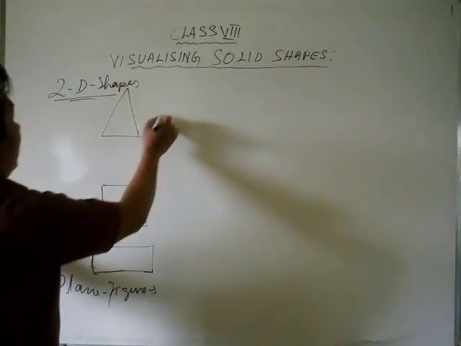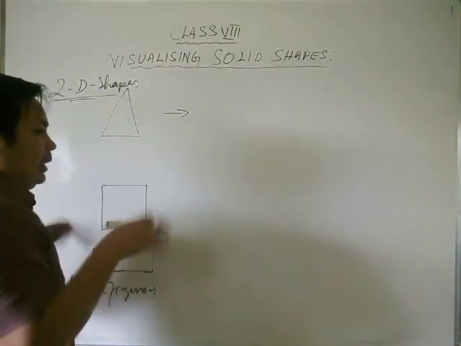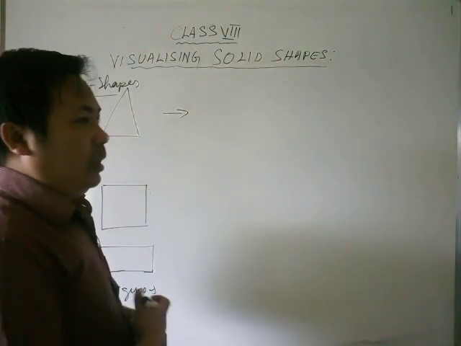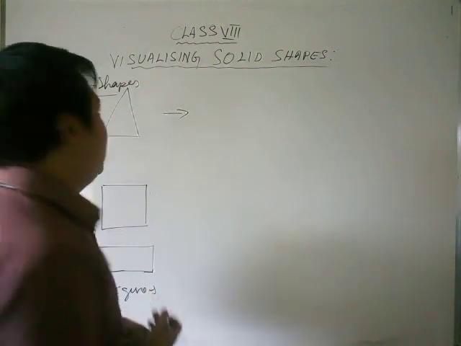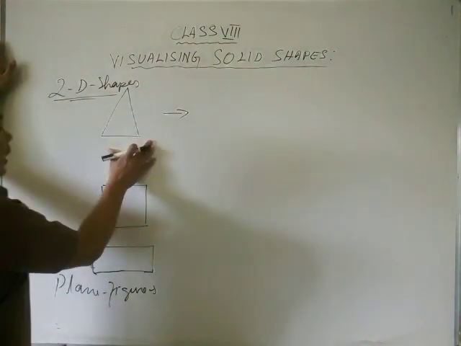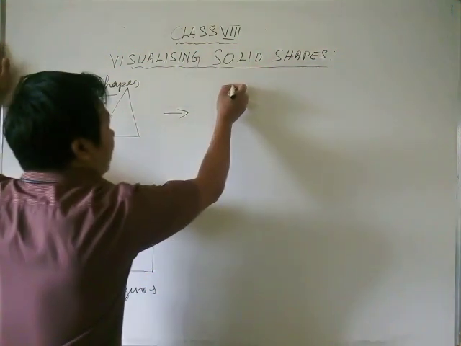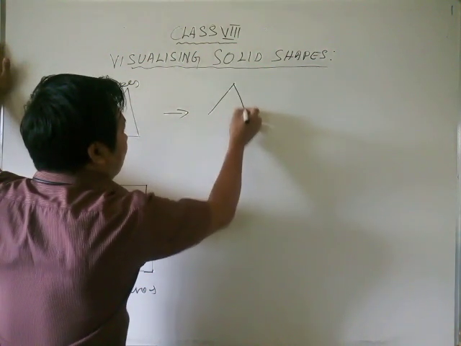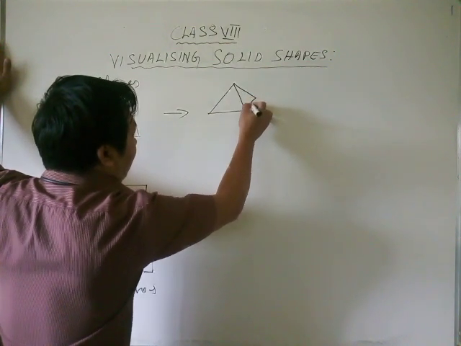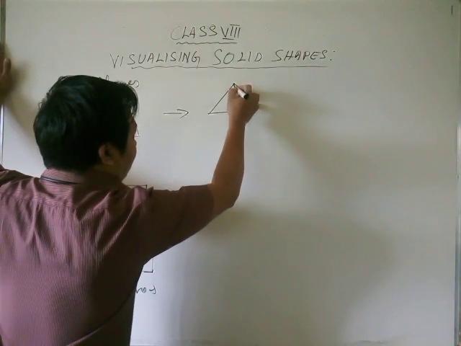If this triangle has some more dimensions. This is called two dimensions. Once again, 2D means two dimensions. If this triangle has three dimensions, for example, length, breadth, and height, or length, breadth, and depth.